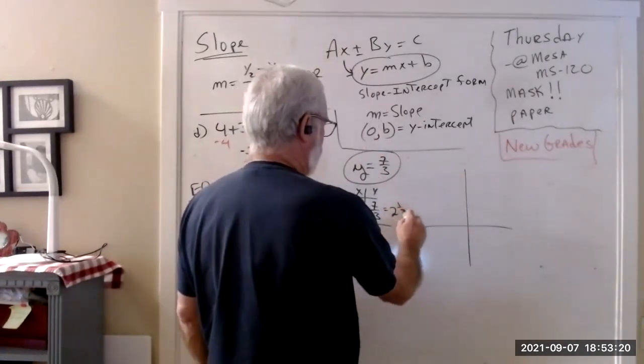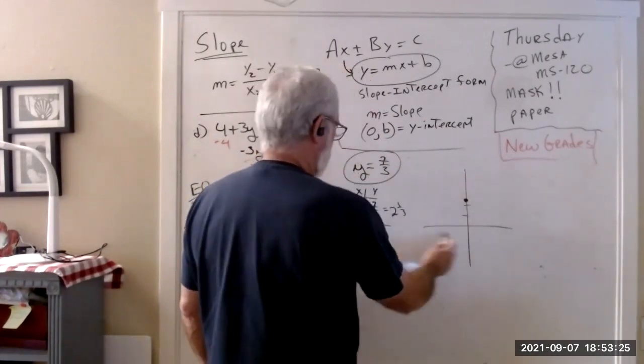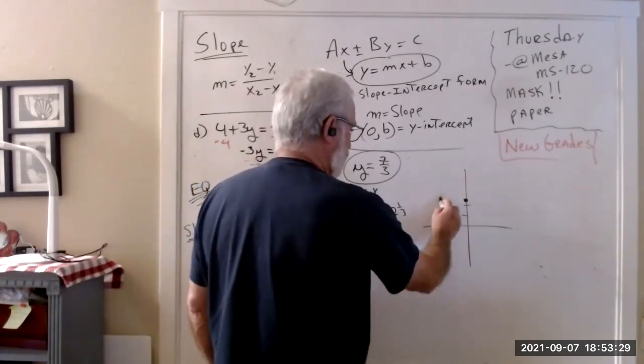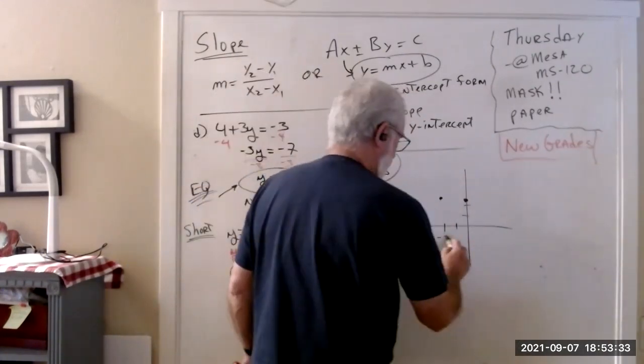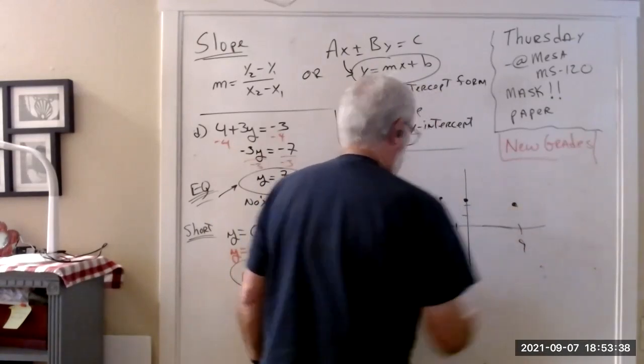That's 2 1/3, roughly. When x is 0, y is 2 1/3. When x is -2, y is 2 1/3. When x is 9, y is 2 1/3.